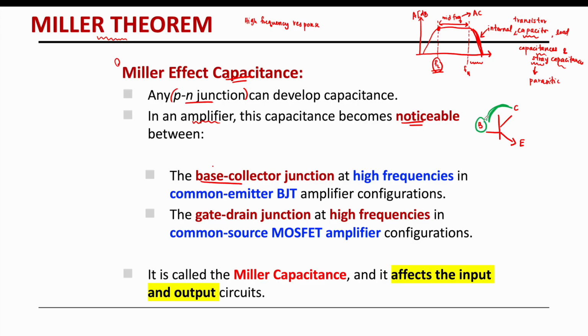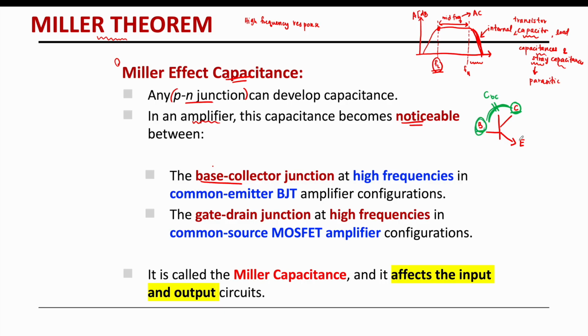Between this base and collector, we have an internal transistor capacitance called CBC.